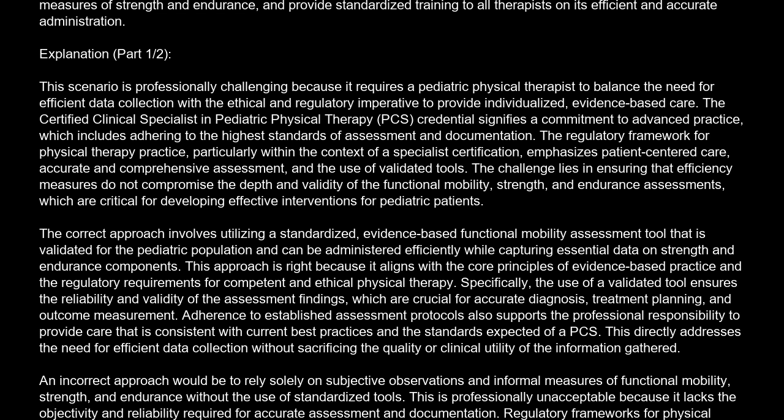An incorrect approach would be to rely solely on subjective observations and informal measures of functional mobility, strength, and endurance without the use of standardized tools. This is professionally unacceptable because it lacks the objectivity and reliability required for accurate assessment and documentation. Regulatory frameworks for physical therapy emphasize the importance of objective data collection and the use of validated instruments to support clinical decision-making.